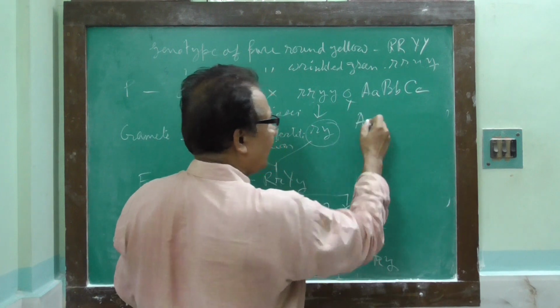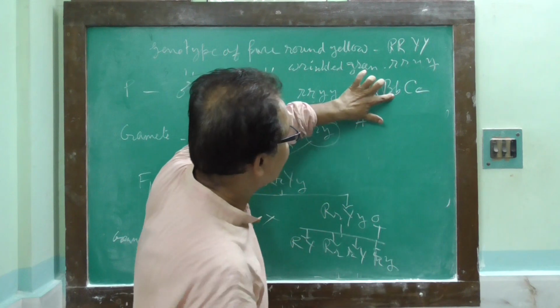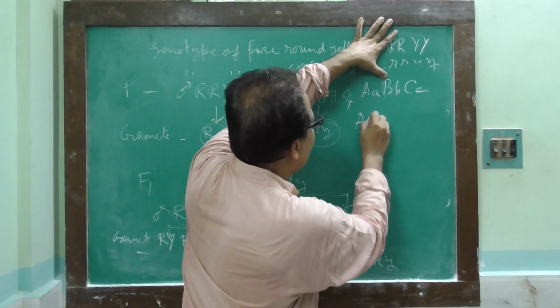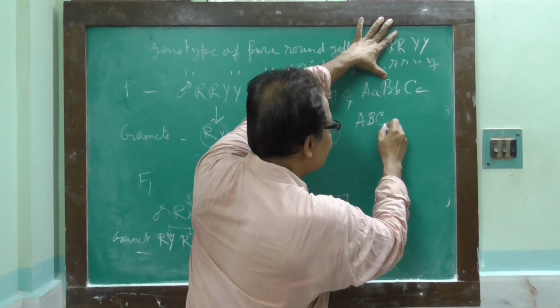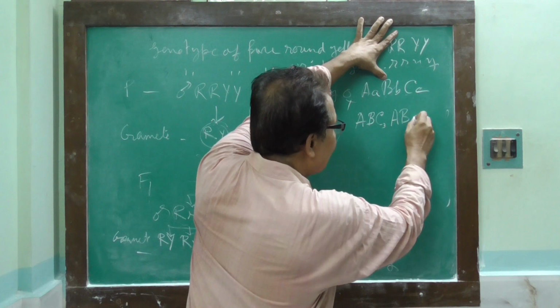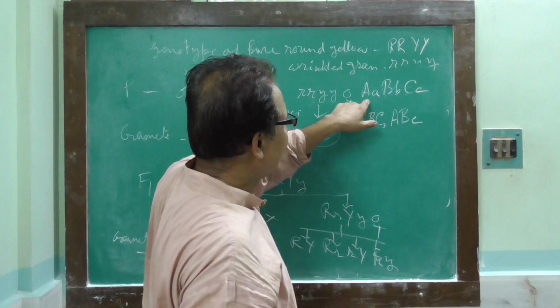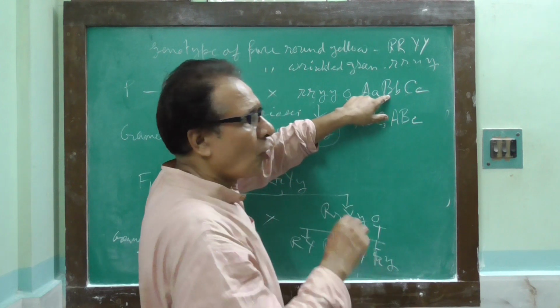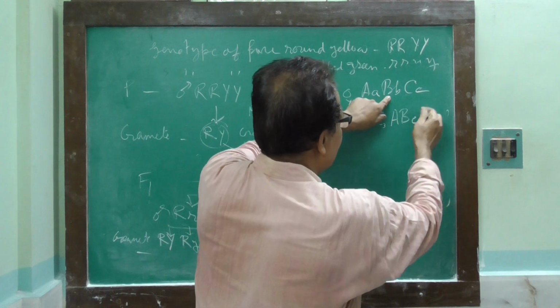You take the capital A, and then from the second pair the capital B, and from the third pair capital C, then capital A, capital B, and small c. So with capital A and capital B, all combinations are completed with the capital C.